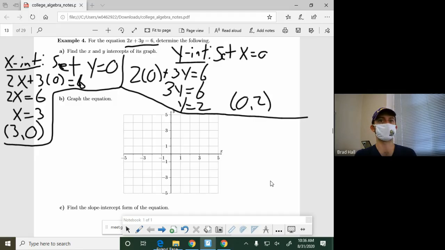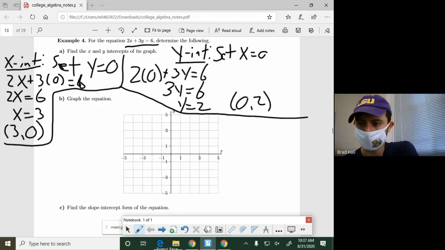Let's go ahead and graph the equation. In MyMathLab, as I mentioned, it will graph a line for you if you give it 2 points. If only we had 2 points. Oh wait, we do have 2 points: the x-intercept and the y-intercept. So naturally, the x-intercept is (3, 0), and the y-intercept is (0, 2), right here.